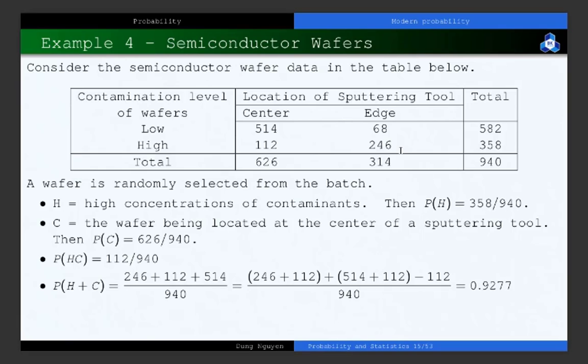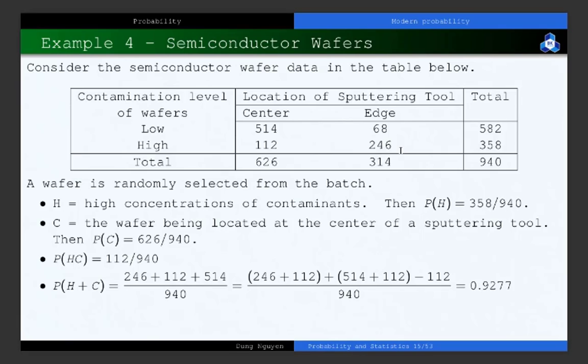Now we select randomly a wafer from the batch and denote by H the event of high concentrations of contaminants. Then the probability of H is 358 over 940, and denote by C the event of the wafer being located at the center of the tool.